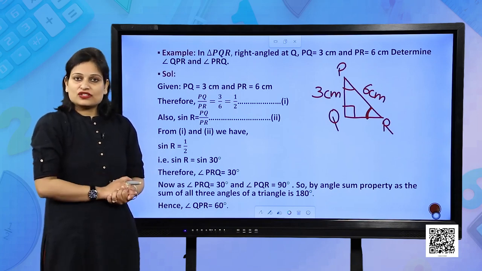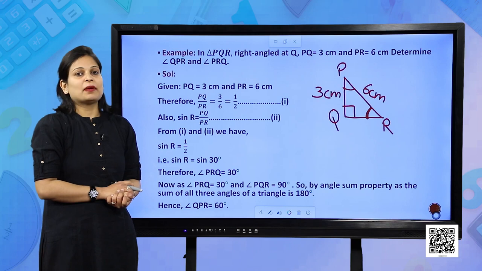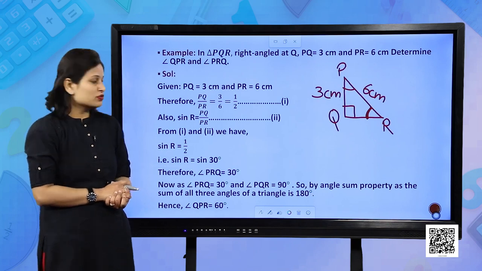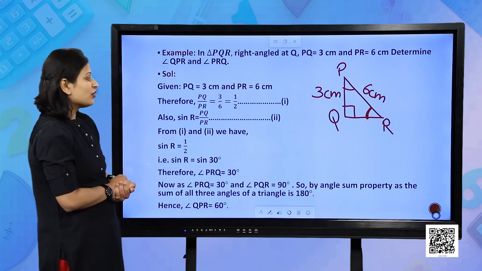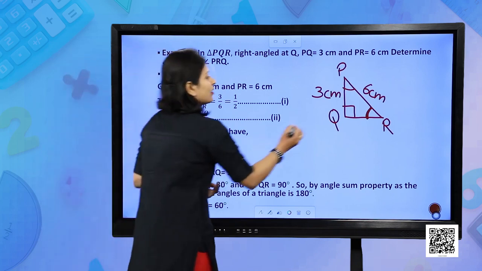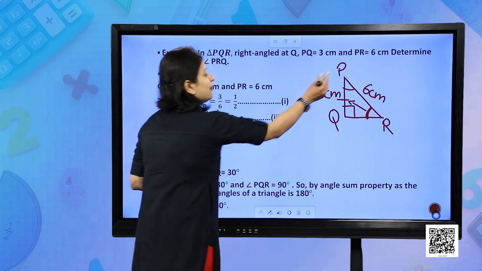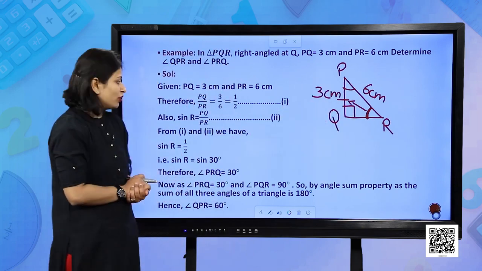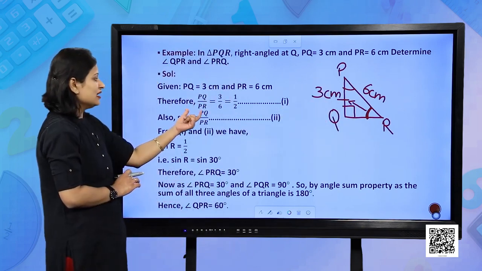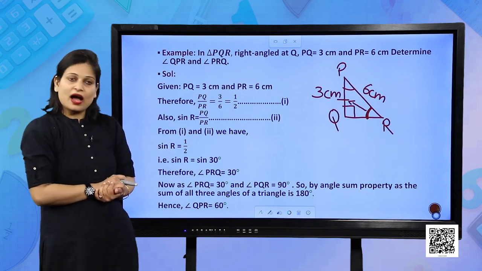By definition, as you know, sine function is perpendicular upon hypotenuse. So, you will get PQ upon PR. This is perpendicular with respect to this angle and PR will be the hypotenuse. So, you can say sine R is PQ upon PR.